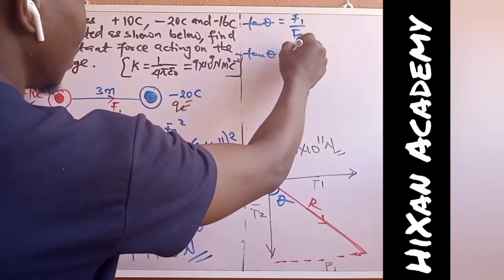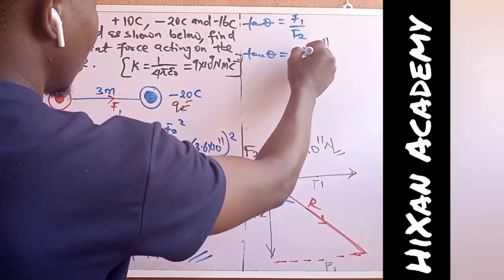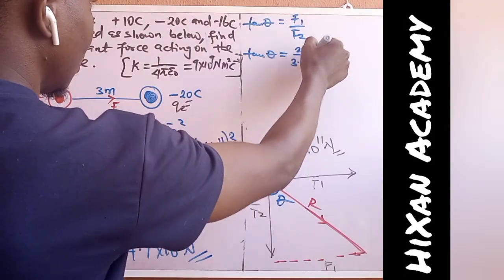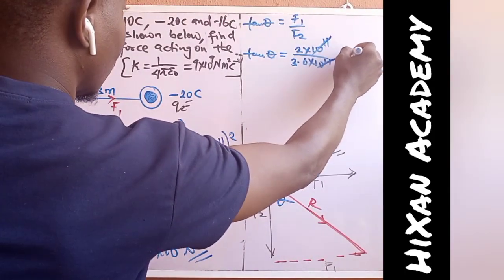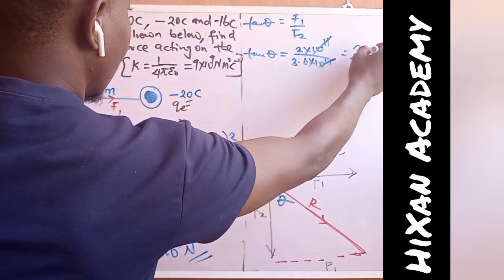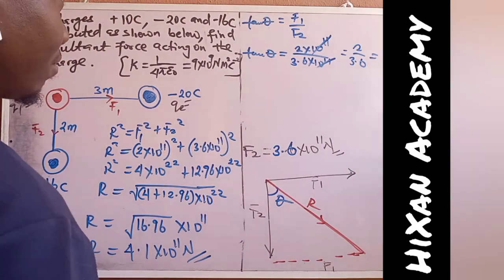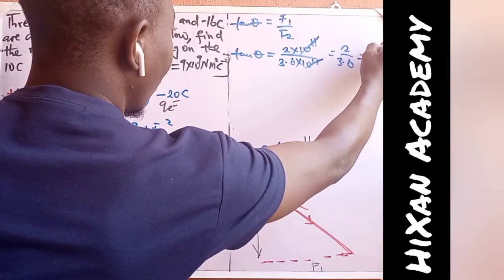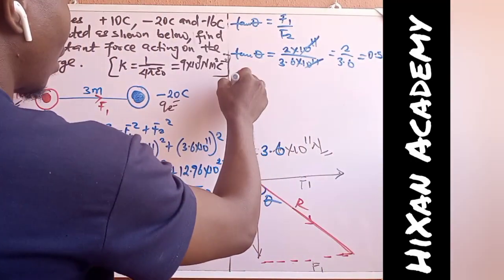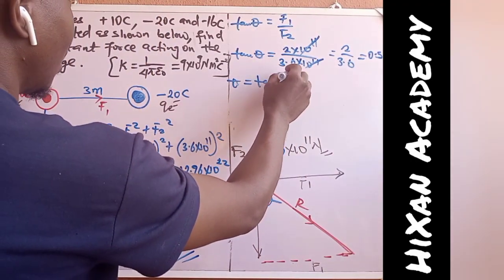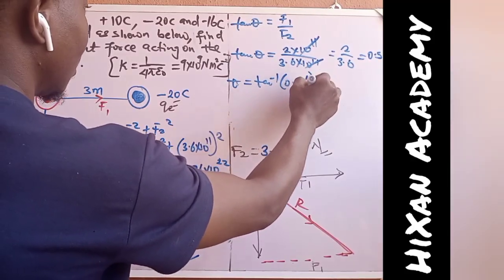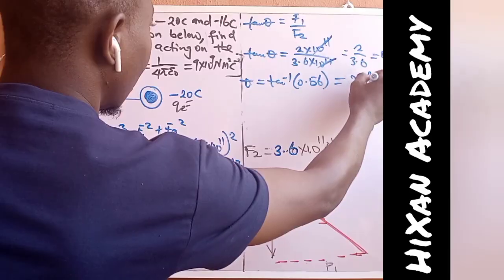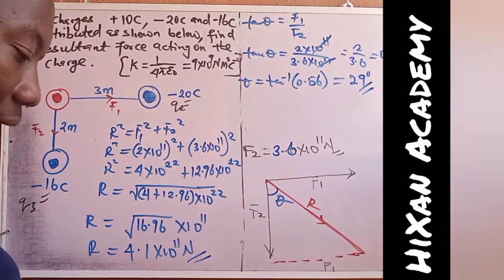Our F1 is 2 times 10 raised to the power 11 upon F2, 3.6 times 10 raised to the power 11. This will go with this. So this gives us 2 upon 3.6, which will be 0.5556. So that gives us 0.56. So our theta is tan inverse of 0.56, and that gives us 29 degrees as the angle.